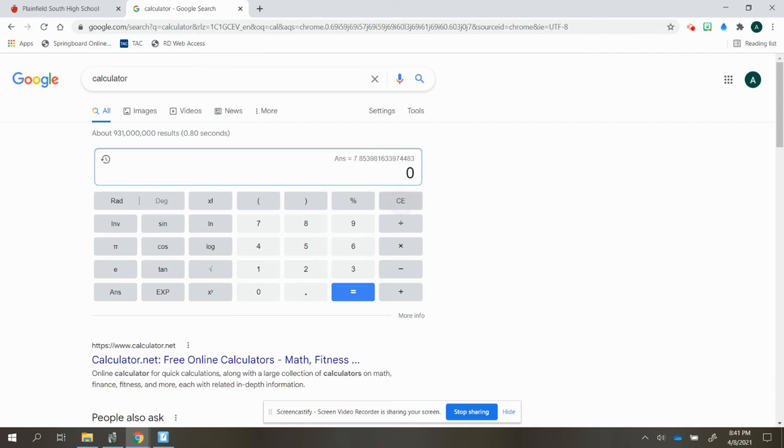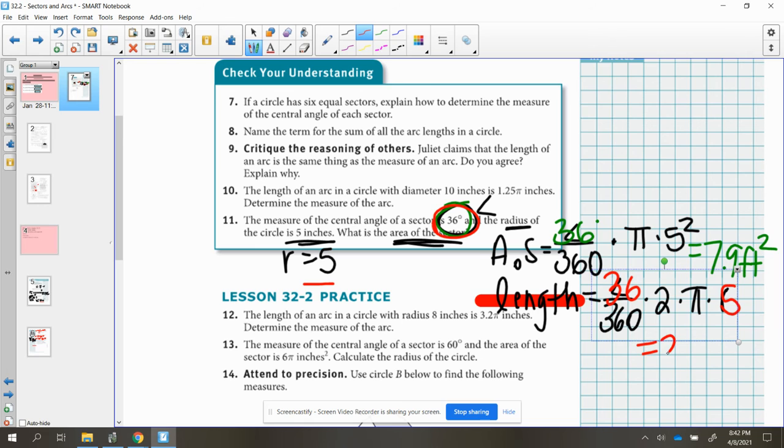So again, 36 divided by 360 times 2 times pi times that radius. It's about 3.14 ironically. So we'll just say 3.1 if we're rounding to the nearest tenth. This is just feet. Again, notice area is squared, arc length is just length, feet. Okay. And that is what we have for today in solving the arc length and the area.